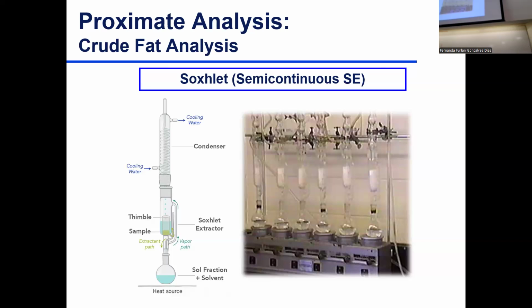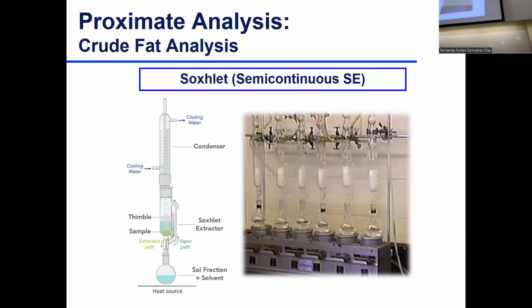You put your solvent here, hexane, petroleum ether, whatever you're using. Again, heat, the solvent evaporates, goes up, up, up, hits the condenser. What happens? It becomes liquid again, and the condensate is going to go here, but it's not going to go out. It's actually going to start getting around your sample. It's going to soak your sample. Once it gets high enough, it drops down here and gets back here.